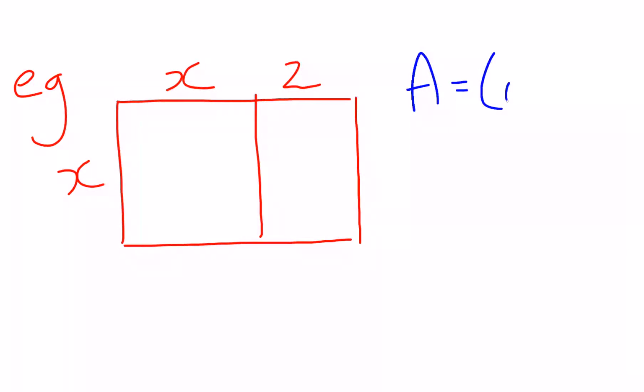Area is length times width. If we assume that the length of this rectangle is x, we're multiplying that by x plus 2.